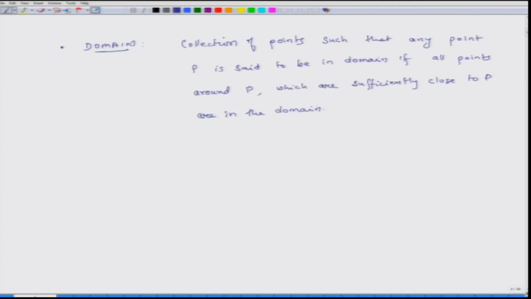Okay. This is what it says. So, what does that mean?